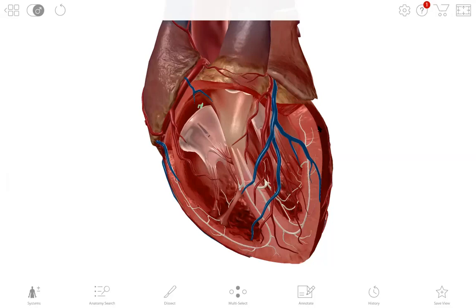For example, if there is fluid inside, or if it is pus inside, or blood inside, or if there is an inflammation, each one of them carries its own clinical term. Okay, this is regarding the serous membrane outside.